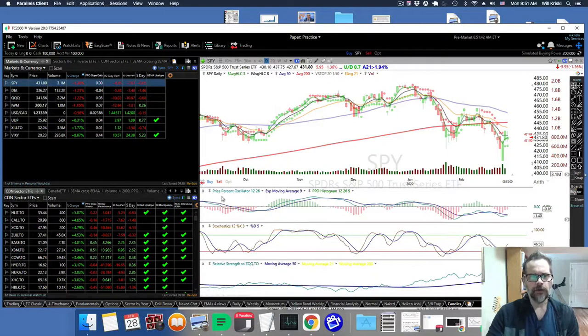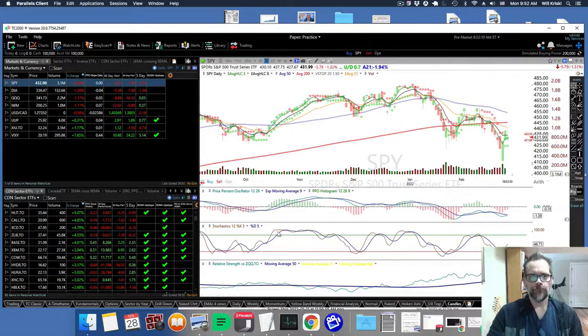I also have down here price percent oscillator, which is momentum, like MACD. And when you're below the zero line here, that's usually not a good spot to be getting in terms of an uptrend. But they are usually low points, but it can often fail when you're down in that area.